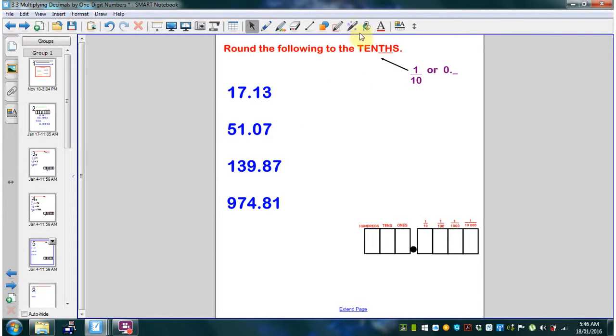So we're going to round the following to the tenths. So our tenths place is here. So we're going to have to look at the number behind it, our hundredths, to find out what we round to. So here's our tenths, and we look at the number behind it. So this one's going to become 17.1. Try the three of these on your own, and then come back and we'll correct them.